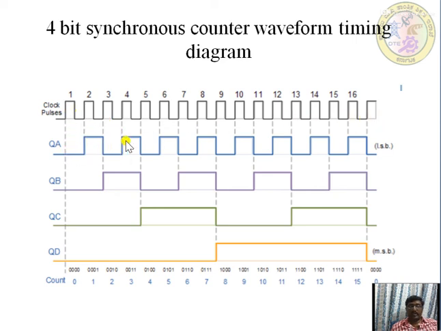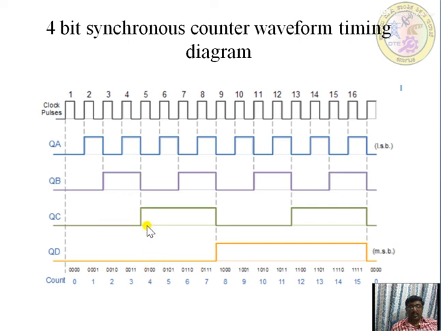So QA has a state of 1. Next, QB will be what? The separate pulse will be at QC, with a longer delay, as well as at QD. So what is the output of the count? 0 0 0 0, 0 0 0 1, 0 0 1 0, 0 0 1 1.